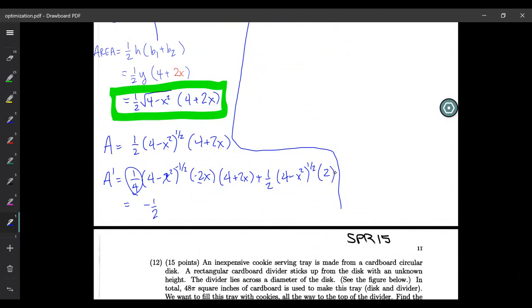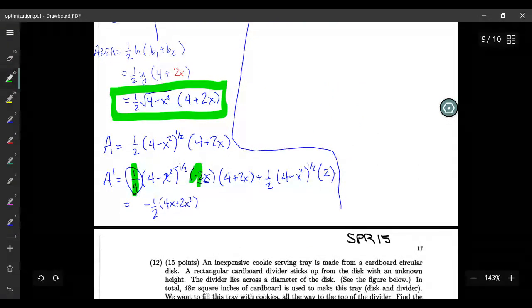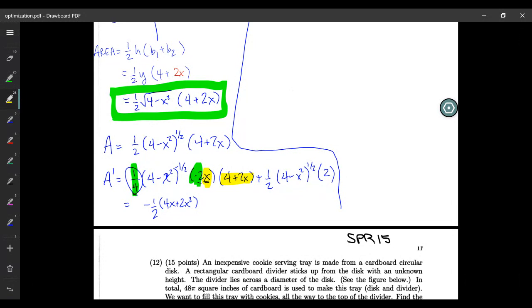We've got 4 plus 2x multiplied by x, so that would be a 4x plus 2x squared. So what I've done is I've taken care of this part times this part, and then I distributed it to that, giving me that part.